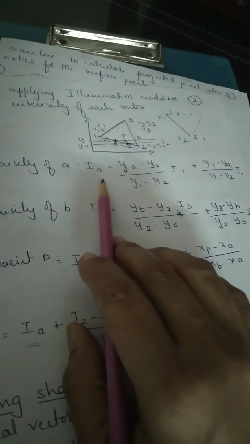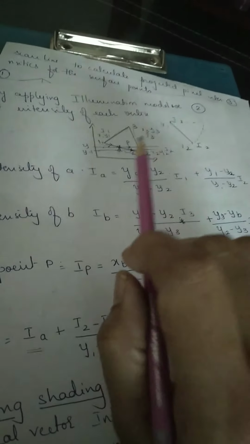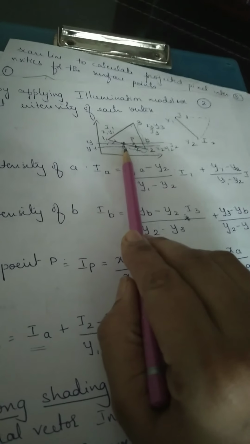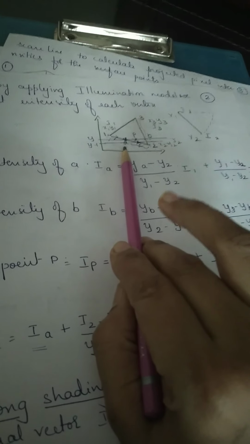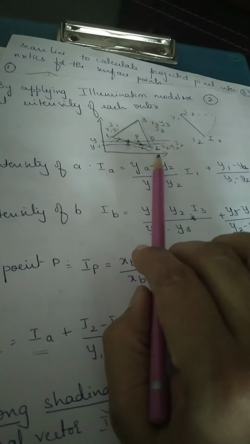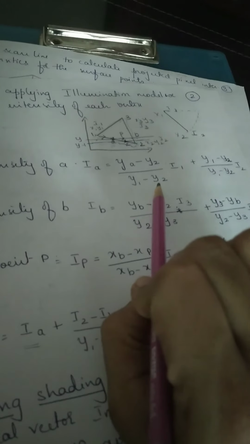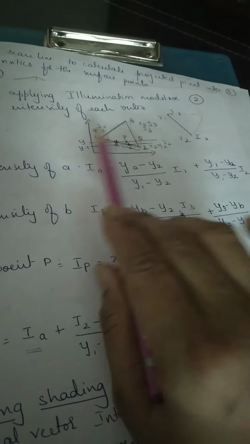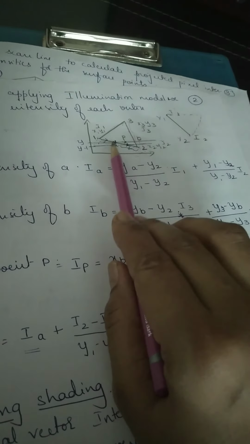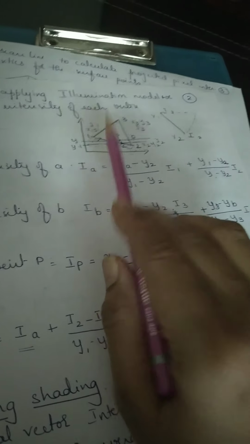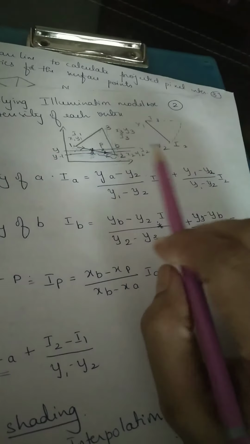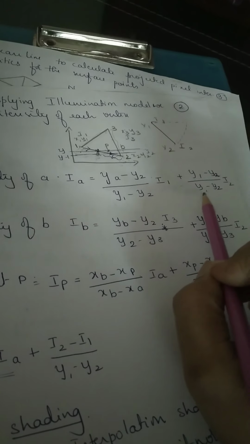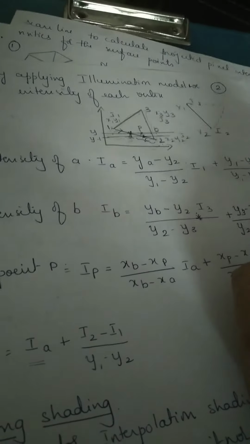So the intensity of A, IA, is equal to (YA minus Y2) by (Y1 minus Y2), it is in between these two coordinate values, YA is the coordinate value of this point, into I1, plus (Y1 minus YA) by (Y1 minus Y2) into I2.